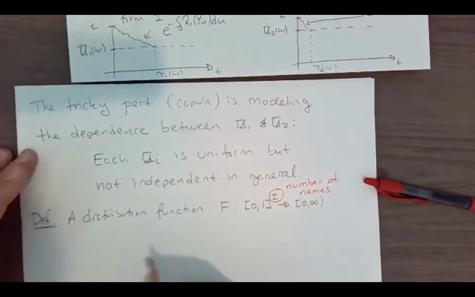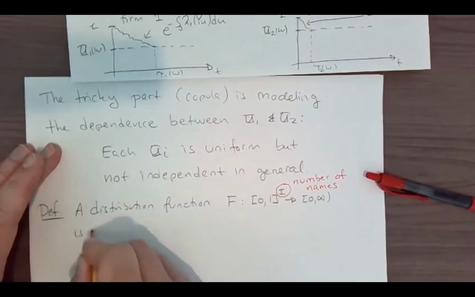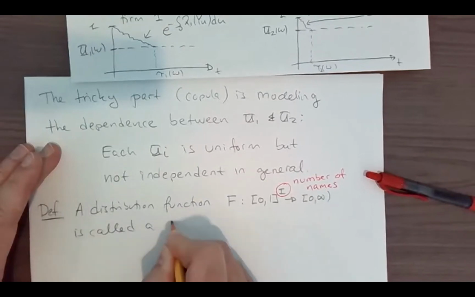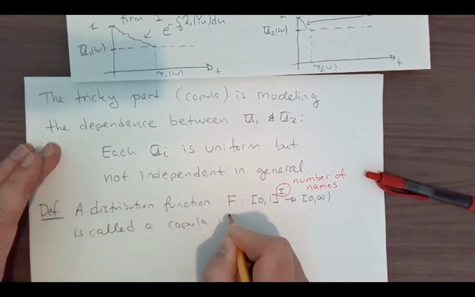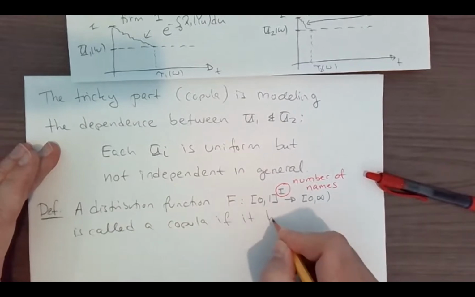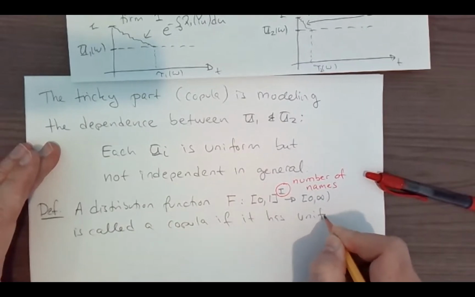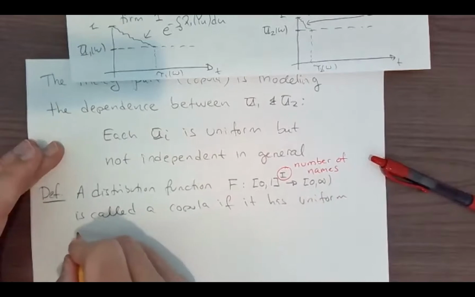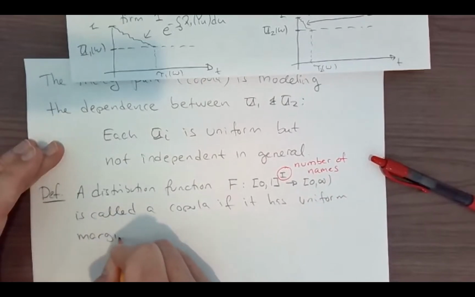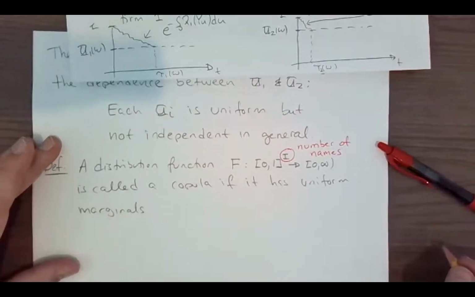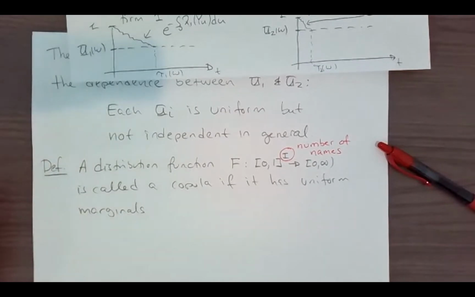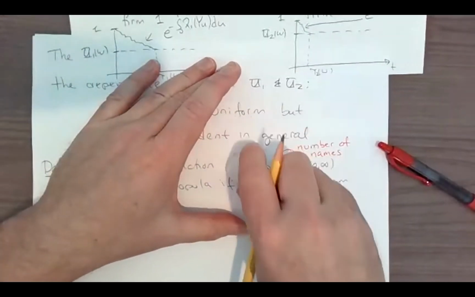A distribution function is called a copula if it has uniform marginals. I shouldn't call this F, I should call it C.